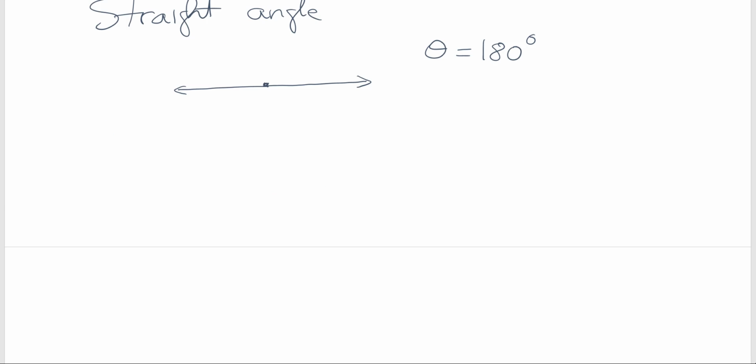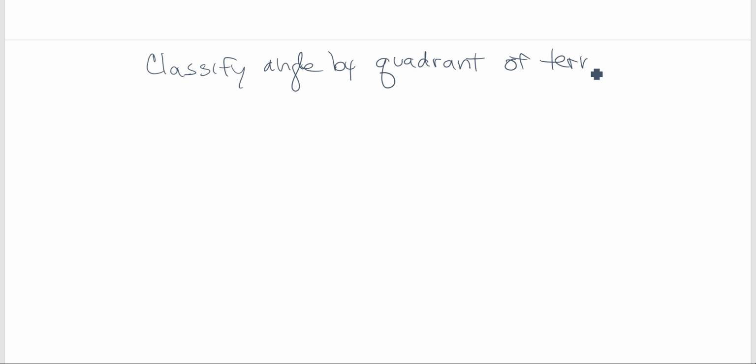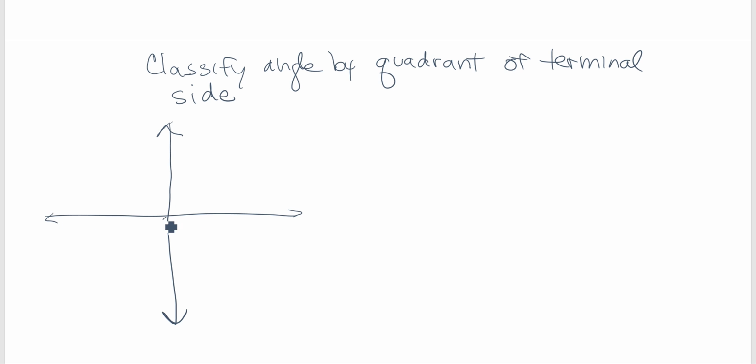When we look at an angle in standard position, we can also classify an angle by the quadrant of its terminal side. And so when I look at putting an angle in the coordinate plane, we could have a 0 degree angle.